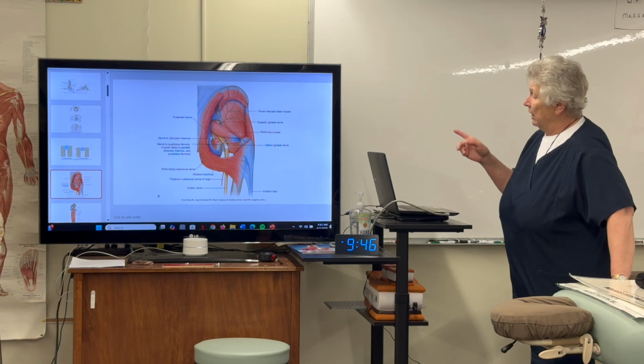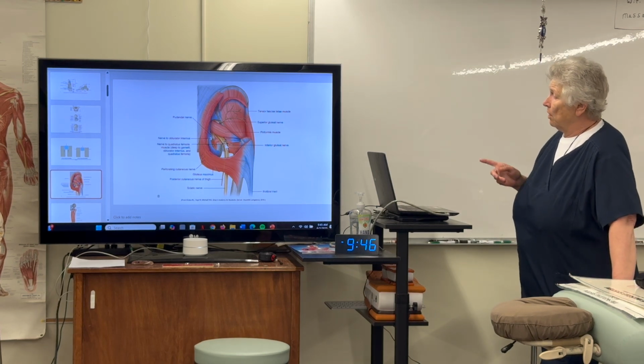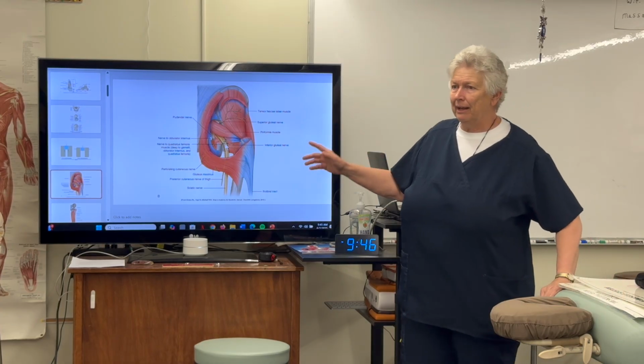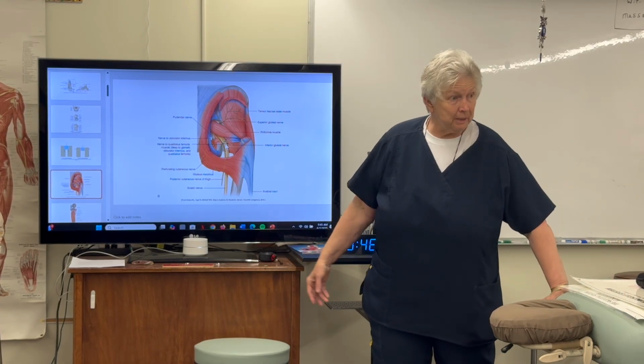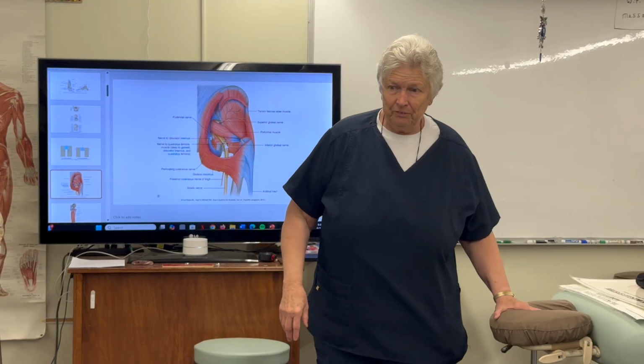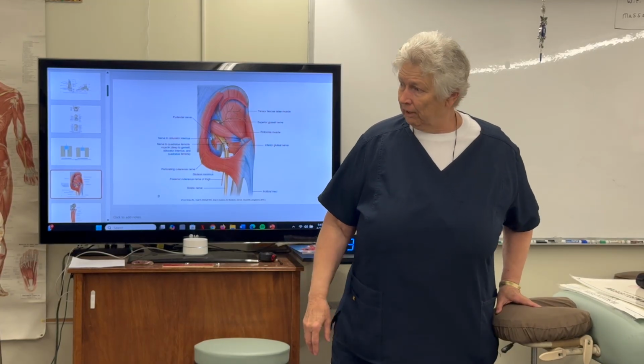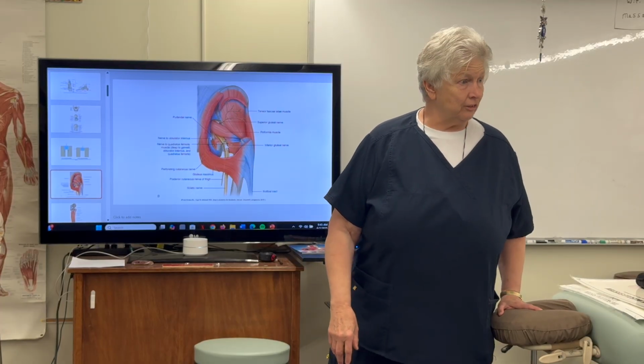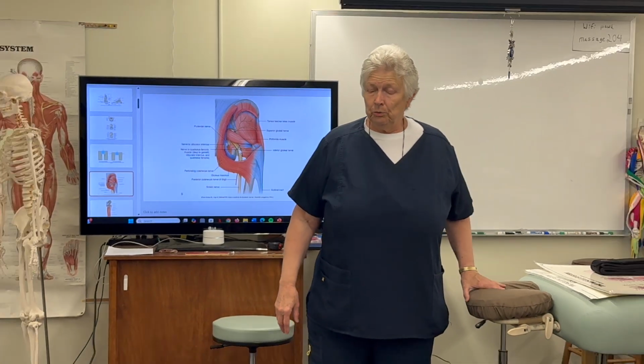You also then will get, due to the ball and socket joint, a multi-planar movement, which means it moves front and back, sagittal, okay, which is a flexion and an extension.